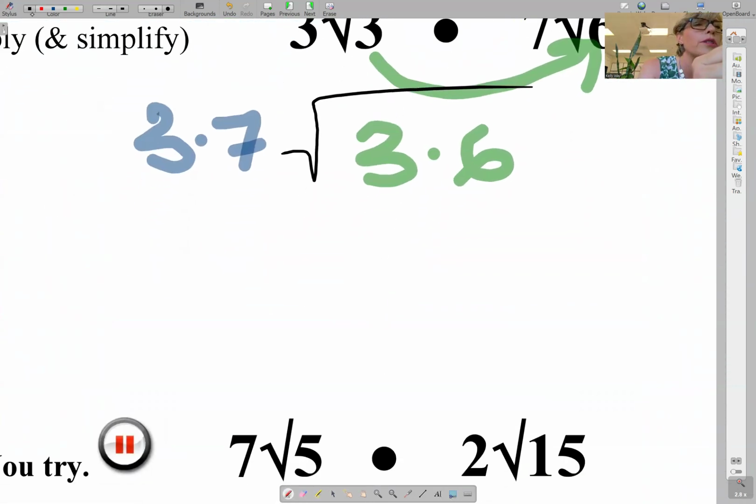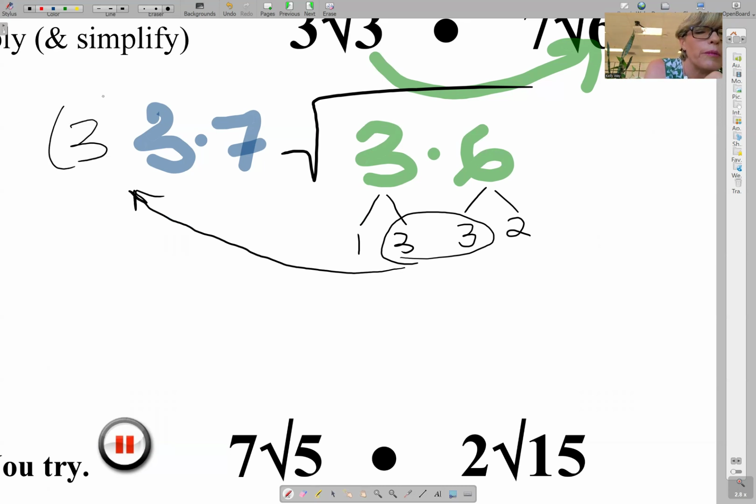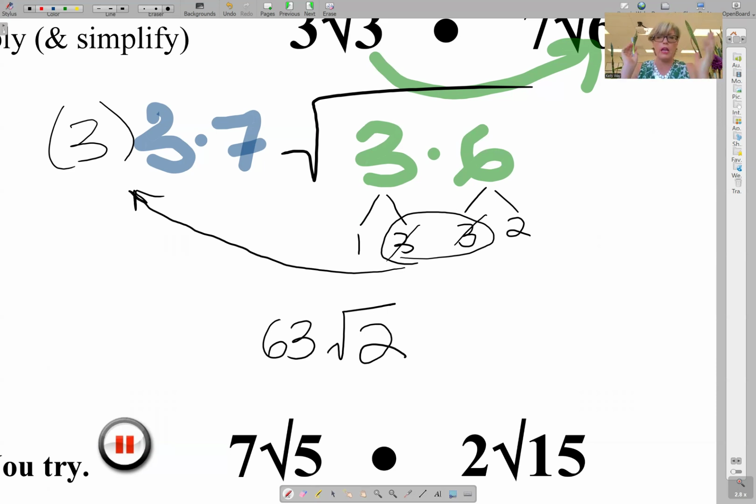I go to the radical sign. I'm going to factor both of these. I have a 1 and a 3, and I have a 3 and a 2. So I look at both of these, and I have a pair of 3s between them, and when they come out, they come out. When the date goes out, it goes out as a couple, which is singular. So 3 times 3, 9 times 7, it's 63 root 2. Ta-da! You're done. Outies, innies, simplify.